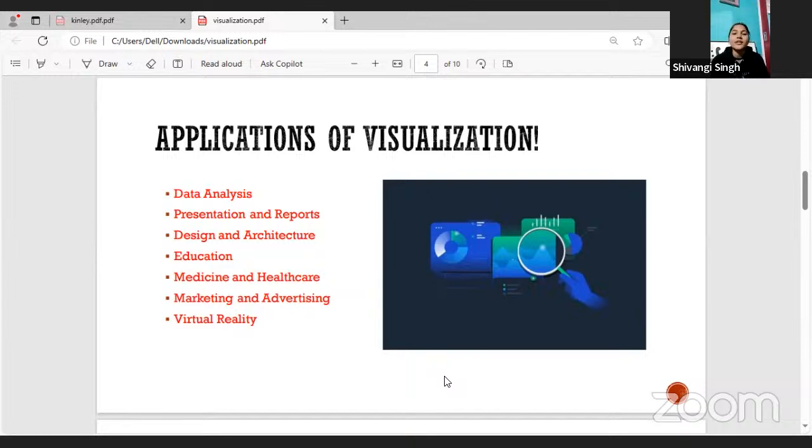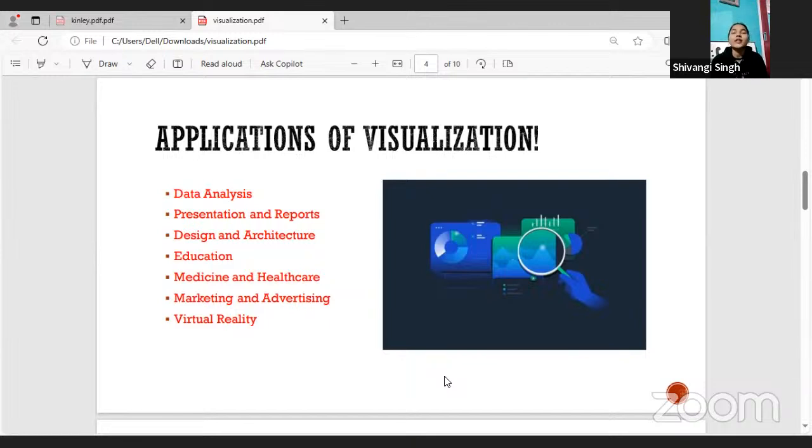In presentations, we use different types of charts and graphs to represent our points, to engage the audience and make them understand our concepts. Visualization plays a very crucial role in design and architecture as it helps to make 3D images, 3D pictures of some data or objects.